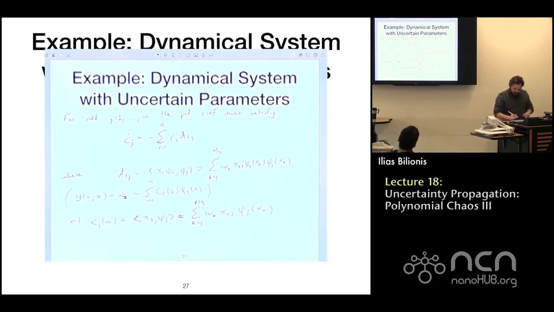Okay, so let's clarify that: wk, xk, k equals 1 to nq, is a quadrature rule for this type of integrals, which you construct with whatever we said before.